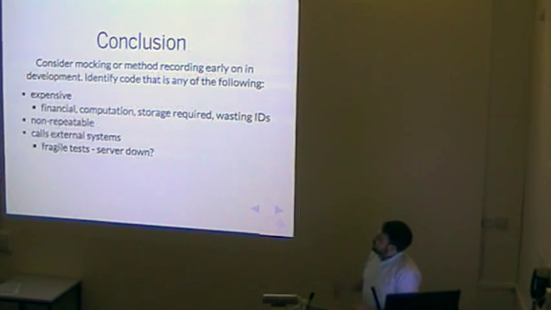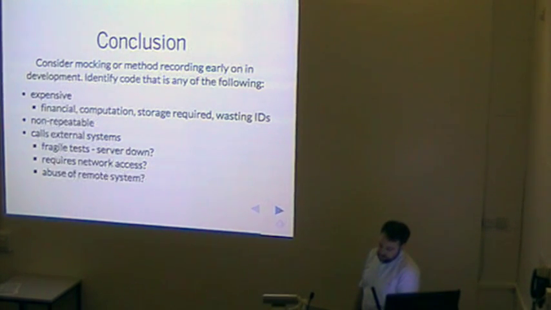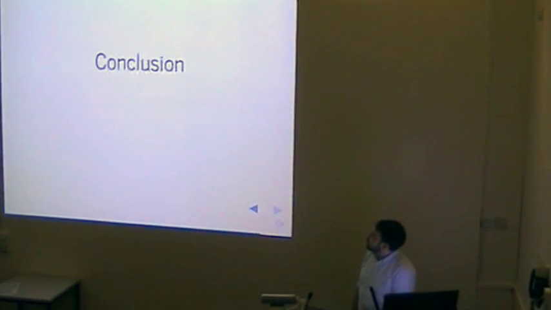Also, if you're calling external systems, it's making your test more fragile. What happens if the server's down, unresponsive? It could be an abuse of a remote system. You may have permission to access someone's API, but they don't want you using it hundreds of times a day for testing.